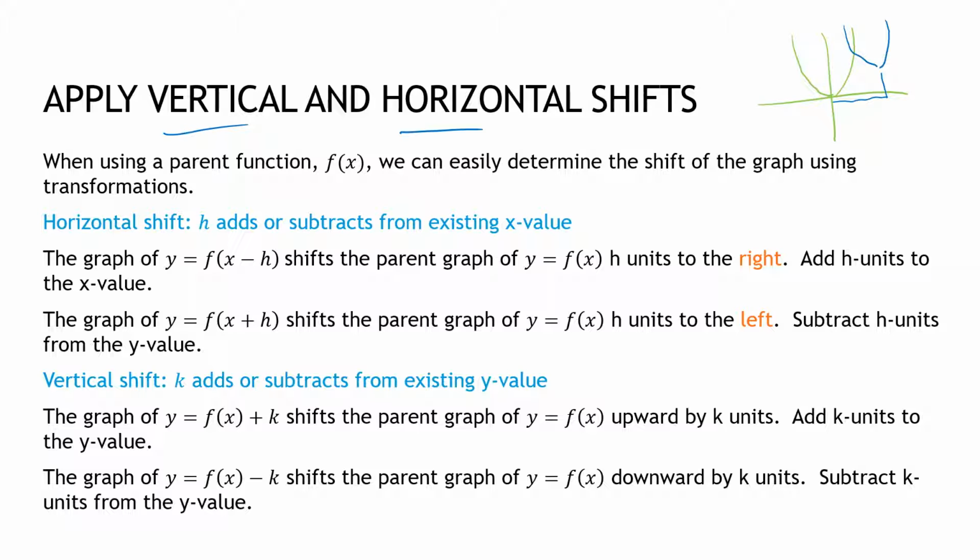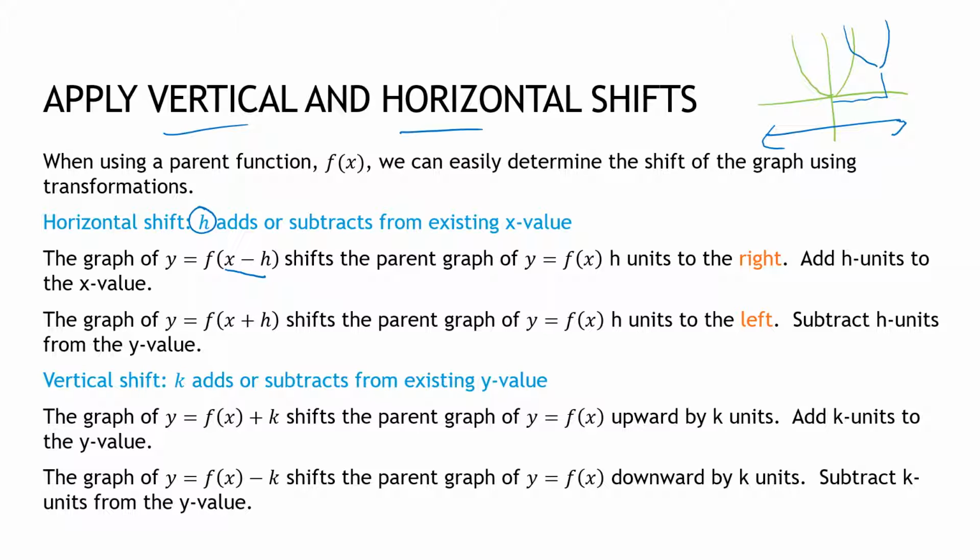So if we have a horizontal shift, that's right or left, we're going to look at an h value. So f of x minus h, and this might not make sense to you yet, but we have talked about function notation and how we can plug in some number, x minus 2 or something, into our function. That's what we're talking about here.